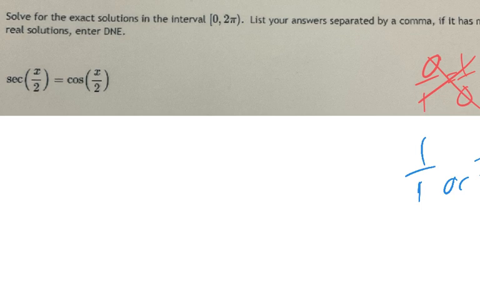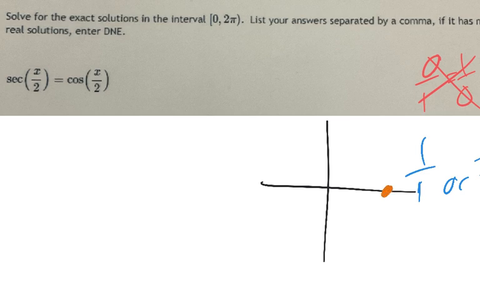So because they're reciprocals, I'm looking for where I get either a 1 or a negative 1. Where do I rotate to get 1 or negative 1? I rotate to an axis. Sine is the y value. Cosine is the x value. So I'm looking for where the x values are 1 or negative 1.